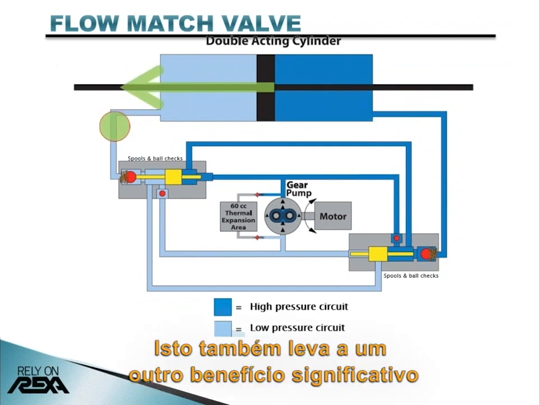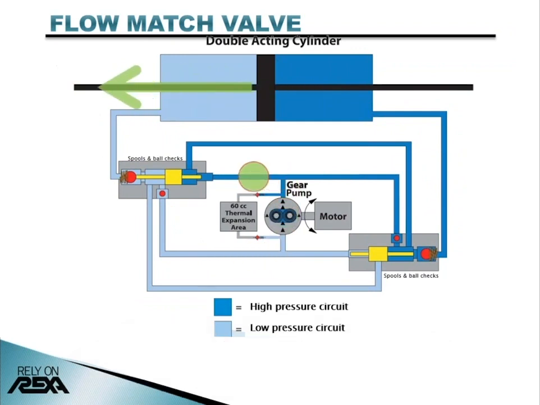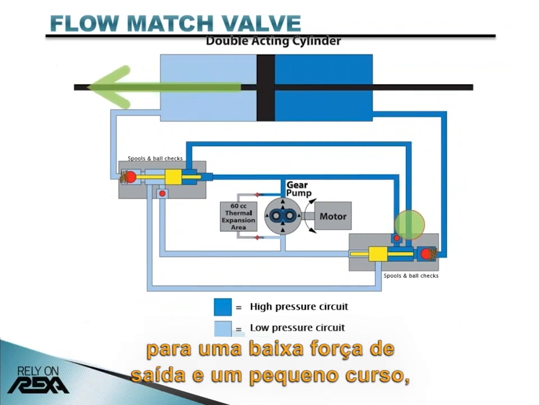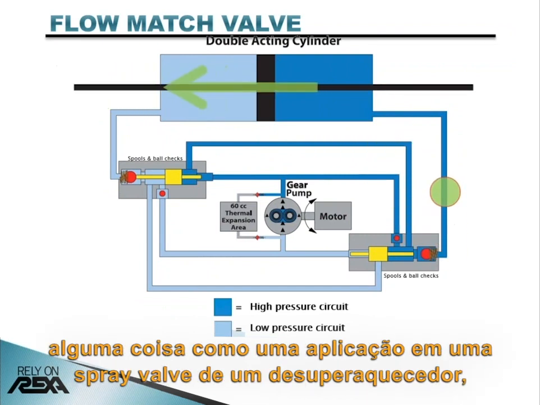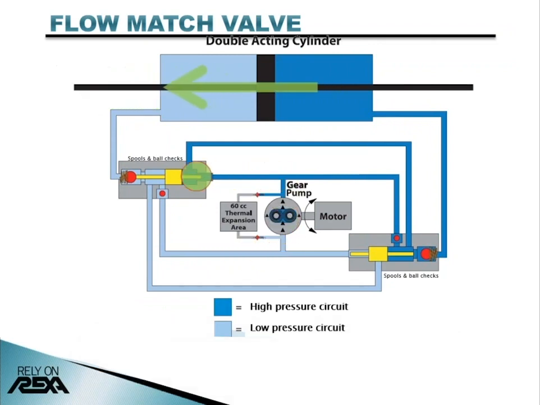This also leads us to another significant benefit of our technology: greatly reduced oil volumes. The small REXA system, something that would require a smaller cylinder for lower thrust output and shorter stroke length, something like a desuperheater spray valve application, may only have a total of 8 to 10 ounces of oil in the entire hydraulic circuit, including cylinder.